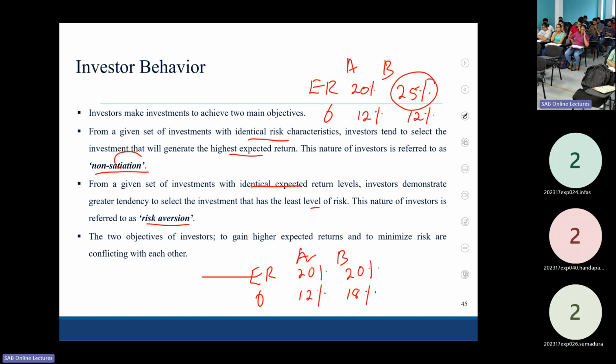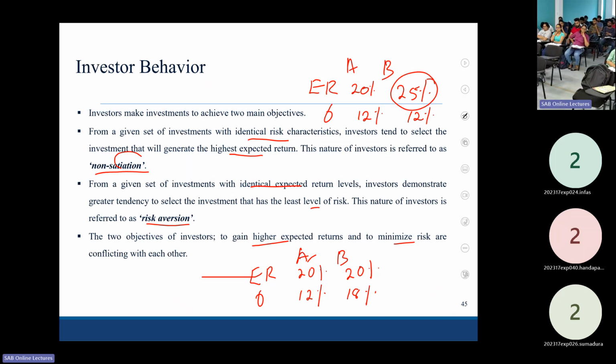The two objectives of the investors, to gain higher expected return and minimize risk, conflict with each other. Because of this theory of risk and return, you know that the higher the risk, the higher the expected return, and the higher the expected return, the higher the risk. They move positively. So therefore, you can see these objectives are conflicting.